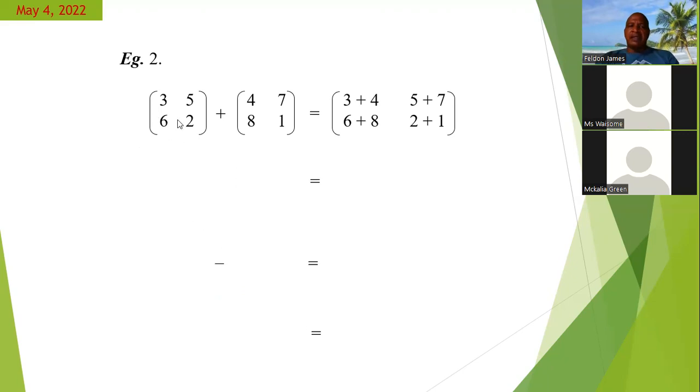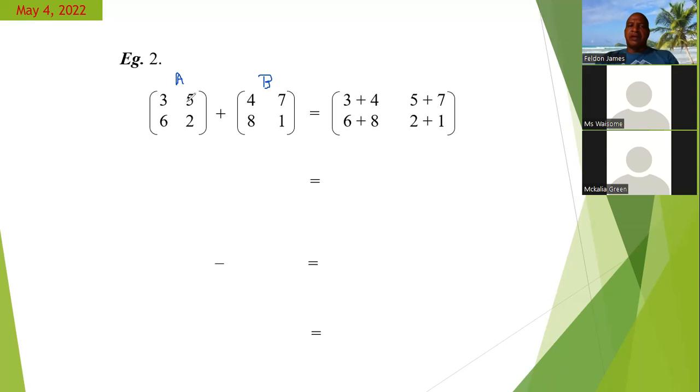So if we're adding this matrix here, one of the things you should note is that we oftentimes will use capital letters to label our matrix. So let's say that this is the matrix A, and this is the matrix B, and we're adding the matrices A and B. We're simply just going to add their corresponding elements.